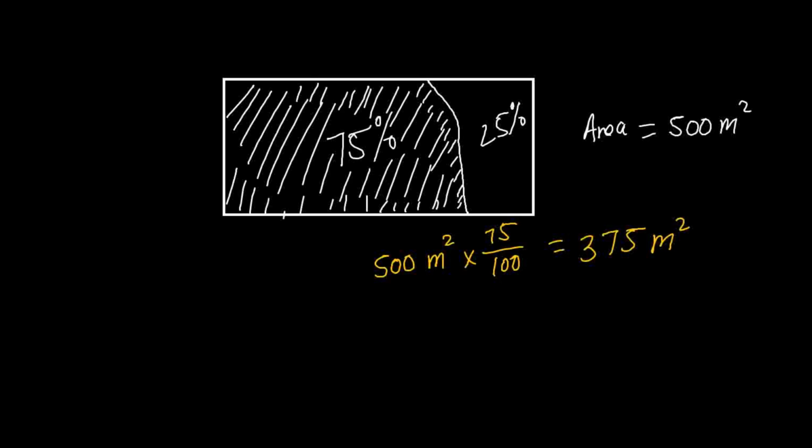Now if I have to ask you what is the area of the blue part? The area of the blue part will be 500 meters squared times 25%, or you can just say 500 meters squared minus 375 meters squared, and let's see what that is equal to.